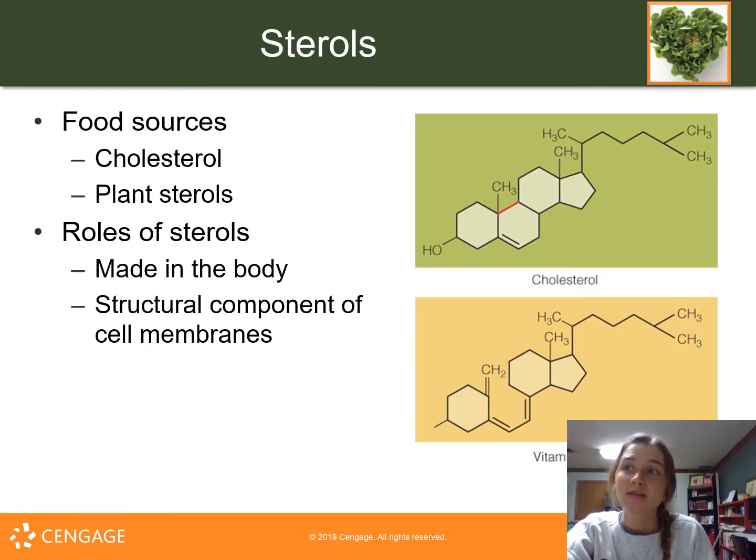Now with sterols, the most well-known form of sterol in food is cholesterol. Those are only found in animal sources like meats, eggs, seafood, poultry, and dairy products. Other sterols are found naturally in plants. Plant sterols are good because they interfere with cholesterol absorption, so a diet high in plant sterols will consequently lower blood cholesterol levels.